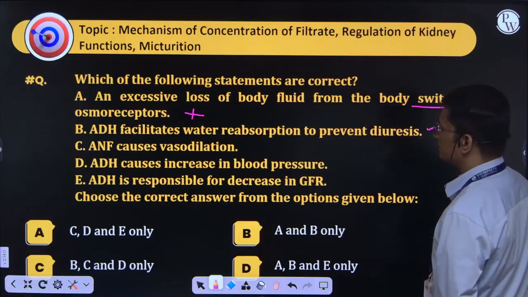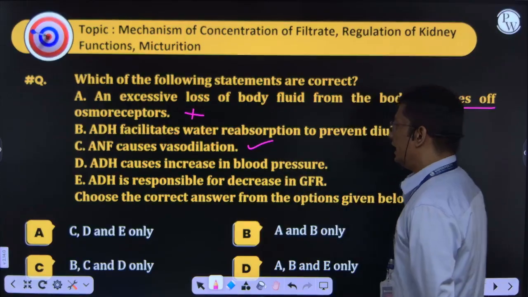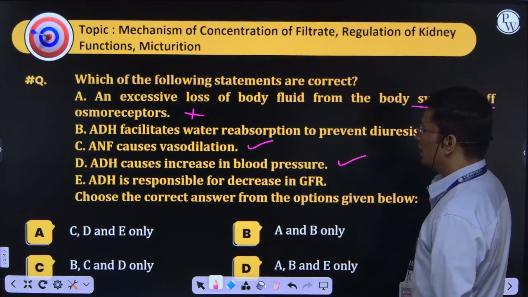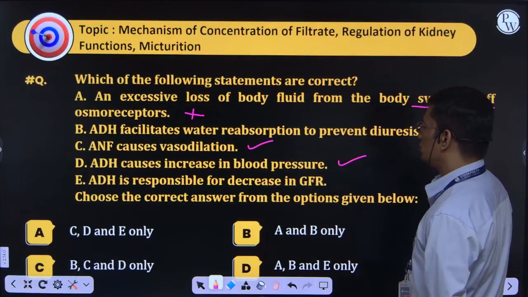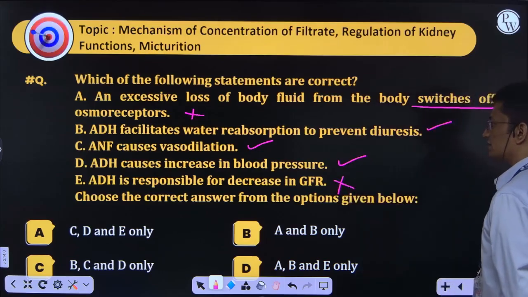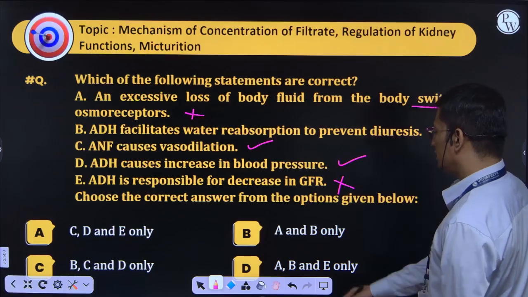This is correct. ANF causes vasodilation. That is correct. ADH causes increase in blood pressure. That is also correct. ADH is responsible for decreasing blood pressure? It will not decrease, it will increase. Clear? B, C, D is the correct answer.